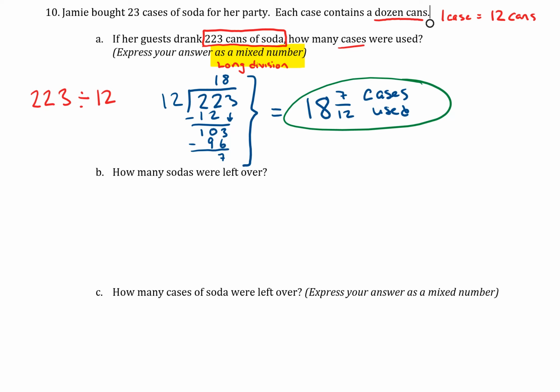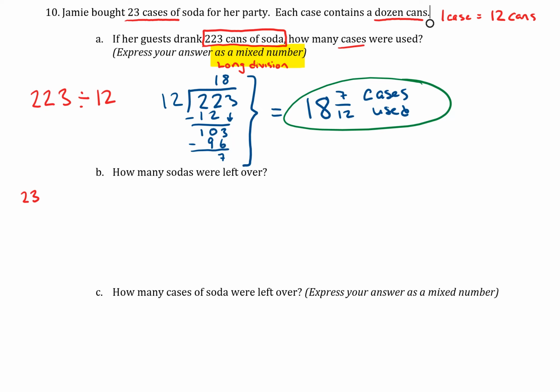All right, so part B, how many sodas were left over? So how many individual cans were left over? Well, we started with 23 cases. So if one case is 12 cans, how many cans are in 23 cases?